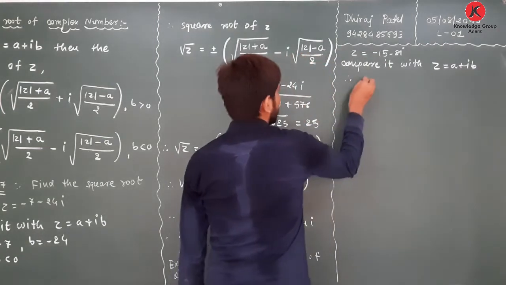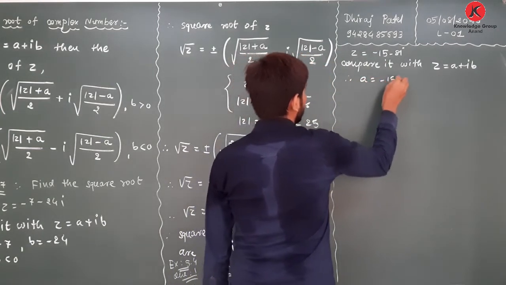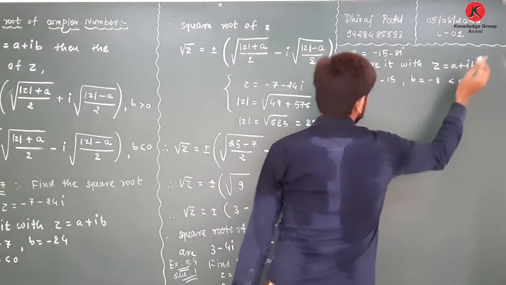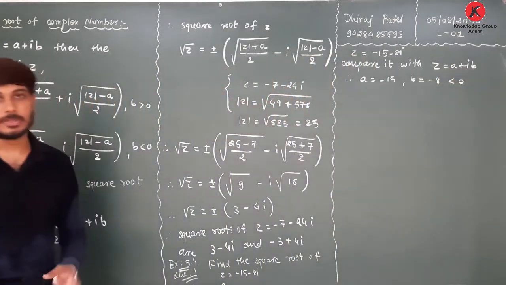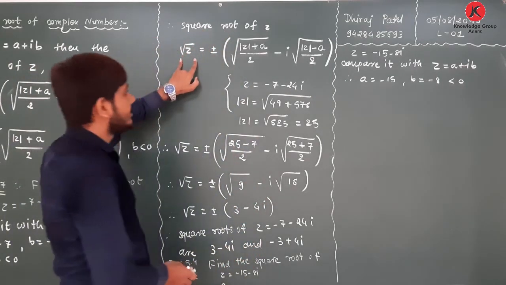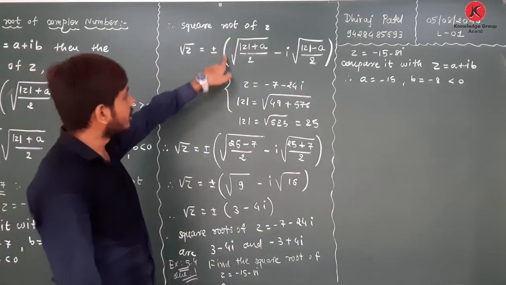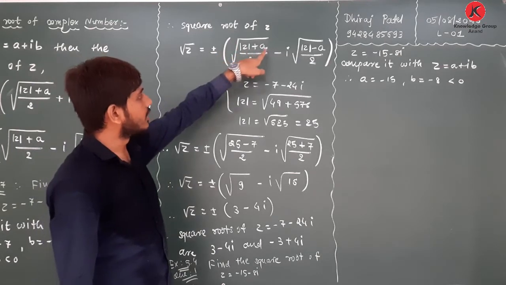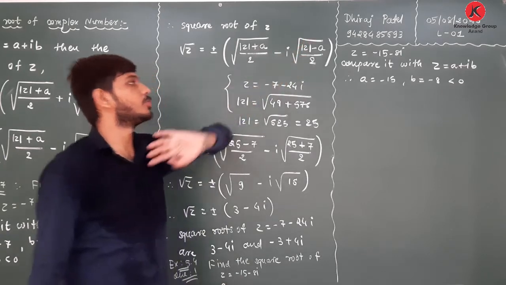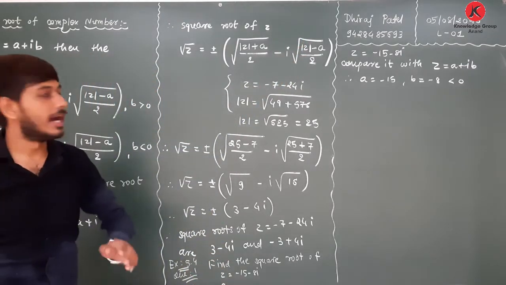Therefore we are getting a = -15, b = -8. Here b is negative, therefore the square root of z is given by plus or minus, under root of (modulus z + a) divided by 2, minus i under root of (modulus z - a) divided by 2.